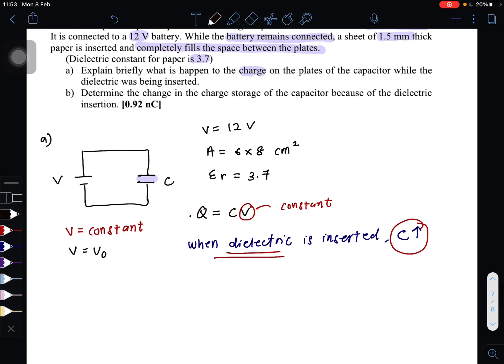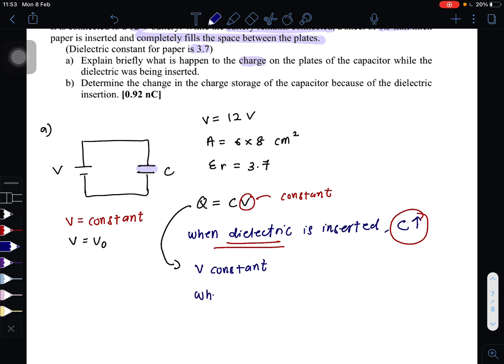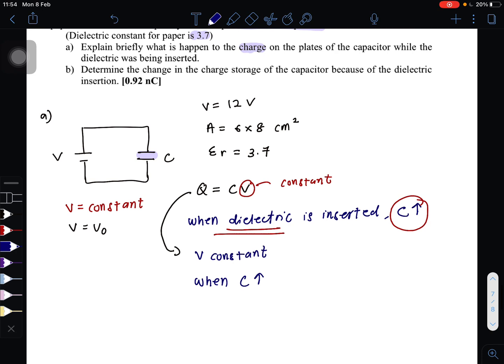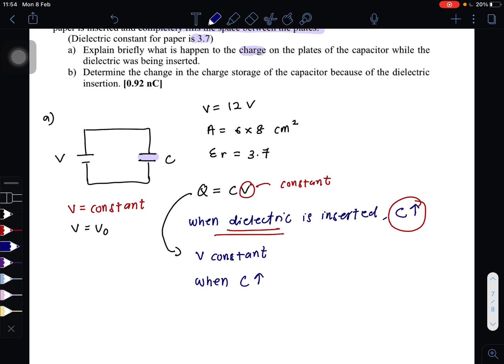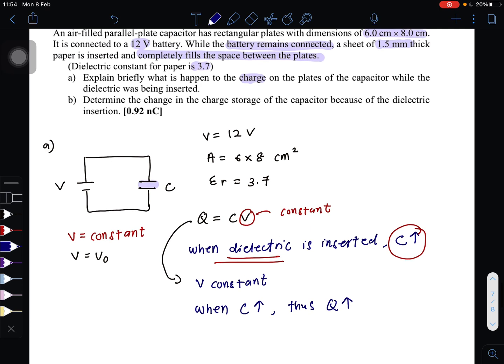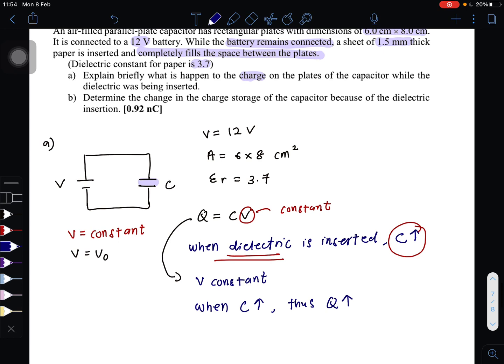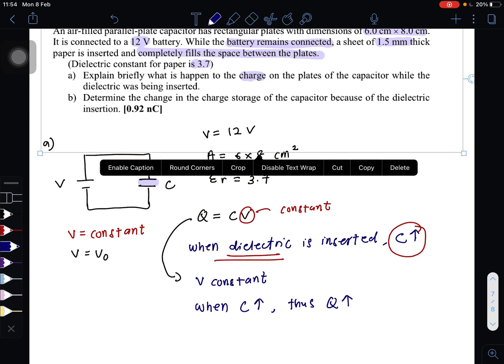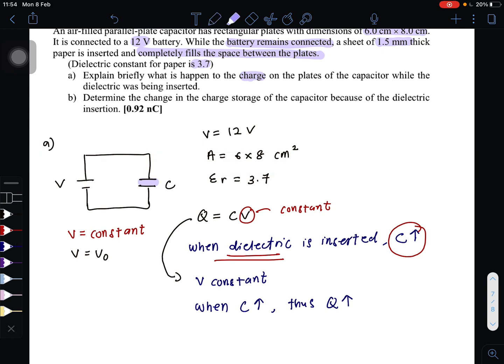So according to this formula, since V is constant, when capacitance increases, you write it in words: when capacitance increases, charge will also increase. So explain it like that for question A.